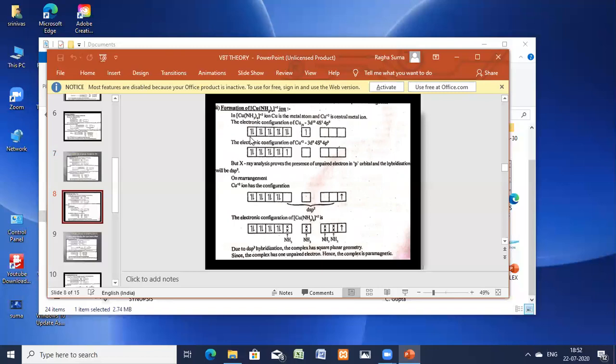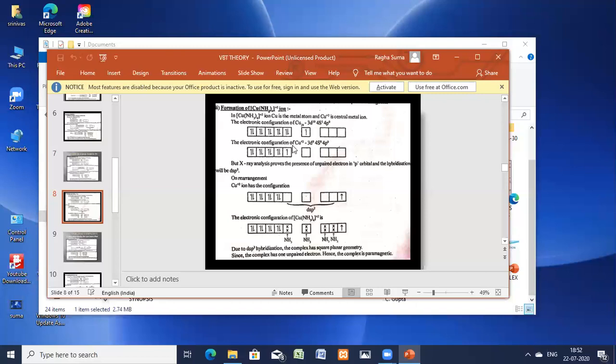Here all 10 electrons are arranged in the 3d orbitals. Copper is a special case: an s electron has jumped into the d orbital, giving 3d10, 4s1, 4p0.